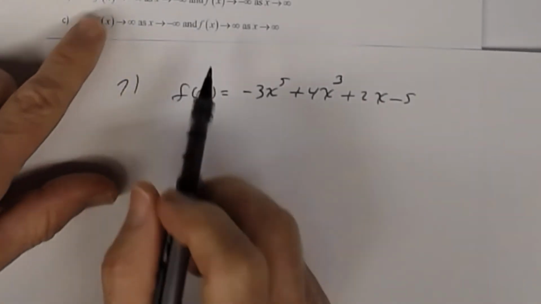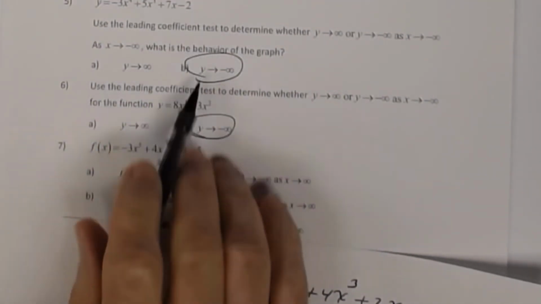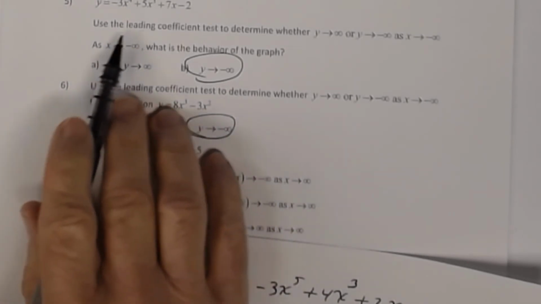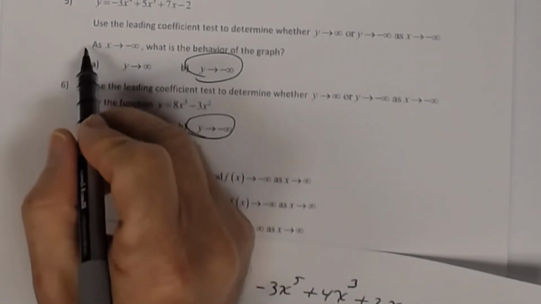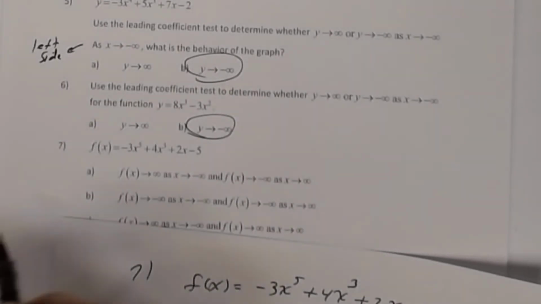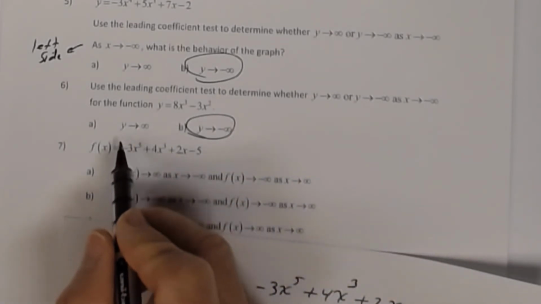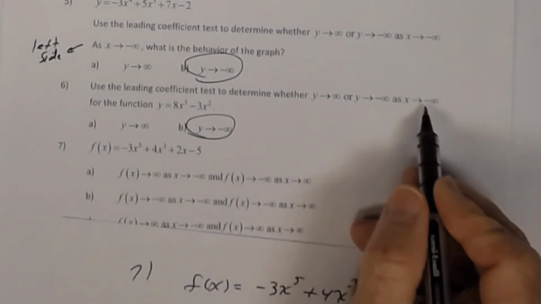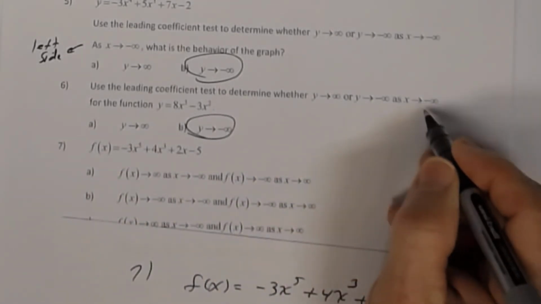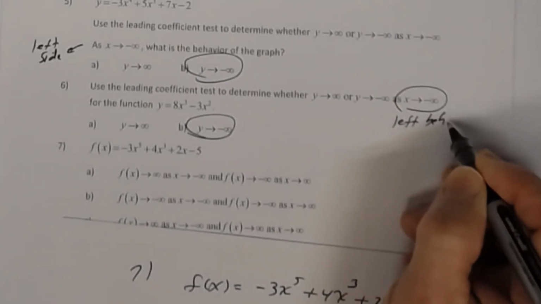So which one, now you're looking at both sides this time. See, in number 5 and 6, you're only looking at one side. Okay? So when you looked at this, that was the left side, the left behavior, and this, as x approaches negative infinity, so again, the left behavior.